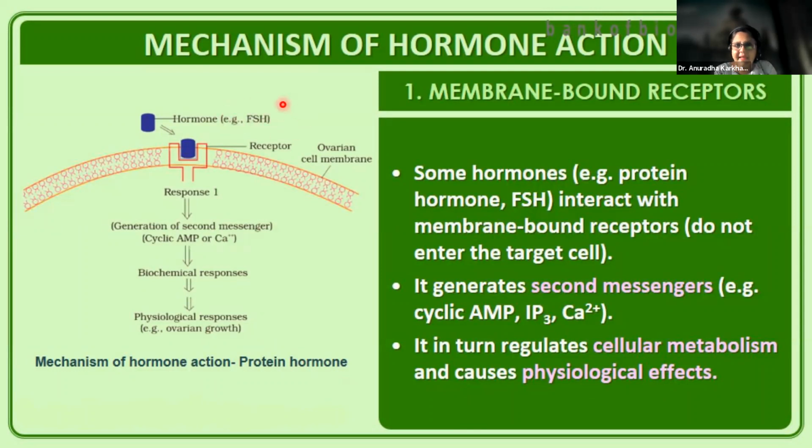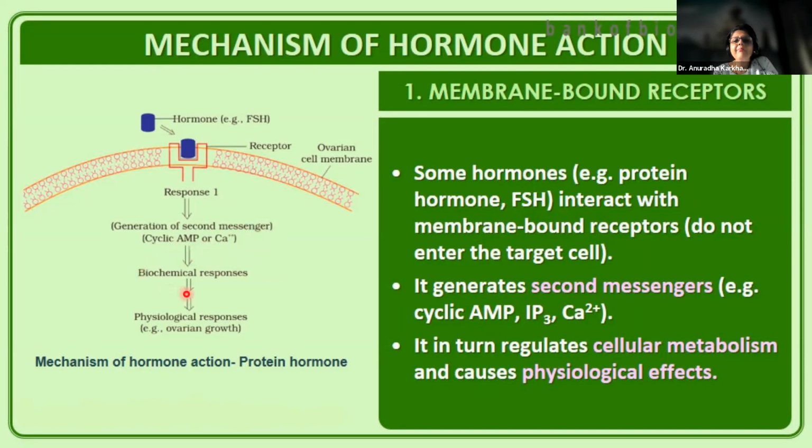Example is FSH. It came and interacted with the receptor on the cell membrane. It did not come in, but this interaction caused a response. This response generated a second messenger. What are the second messengers? Cyclic AMP or calcium ions.